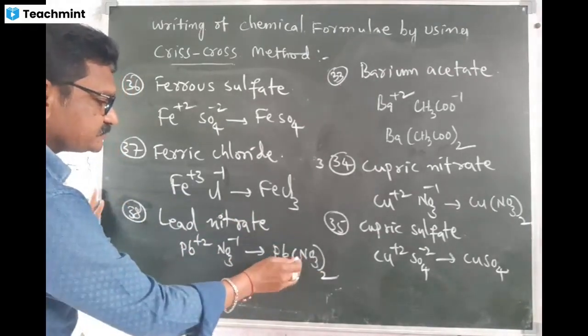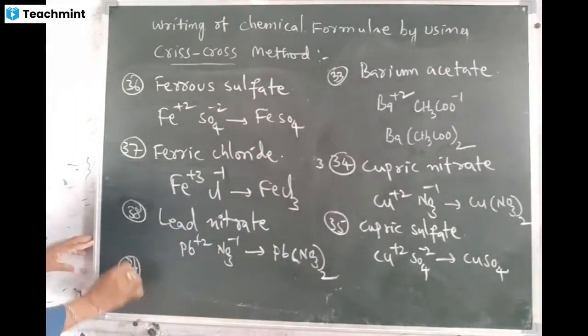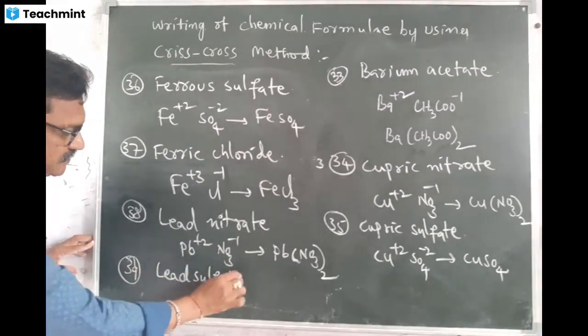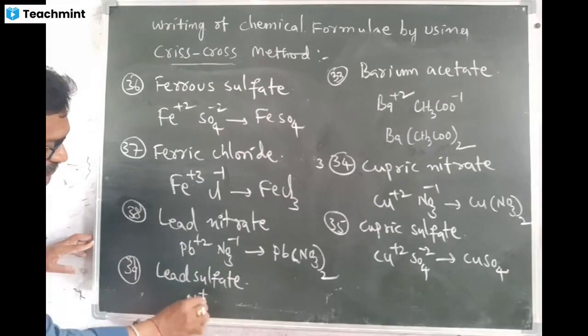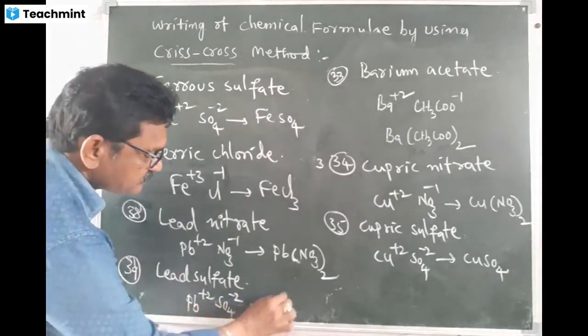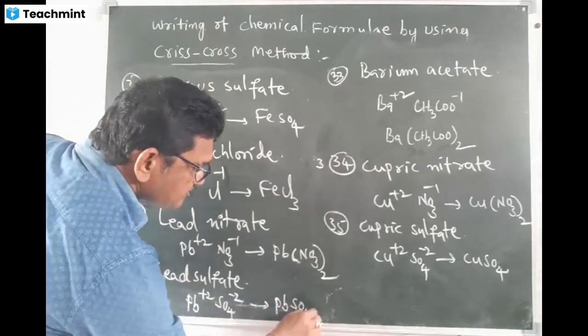This is lead nitrate. Okay, lead sulfate. Lead sulfate means Pb plus 2, sulfate means SO4 minus 2. Then the formula becomes PbSO4. Formula is PbSO4.